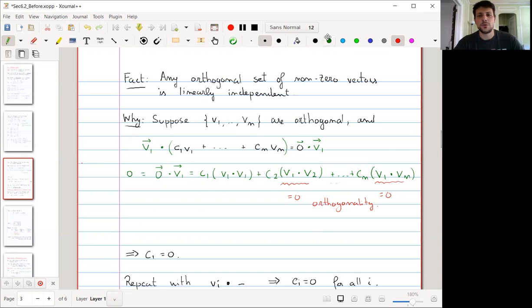So what we're left with, after using the assumption that we are orthogonal, is the following expression. We have that 0 is equal to c1 times v1 dot v1. Now v1 dot v1 is nothing but the norm of v1 squared.